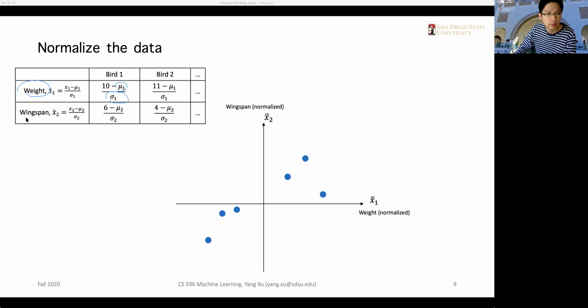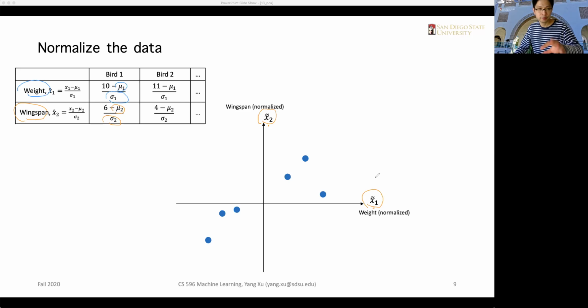And for wingspan, we do the same thing. This gives us normalized data points, which we denote with a little curly tilde above x1 and x2. So these are already normalized.